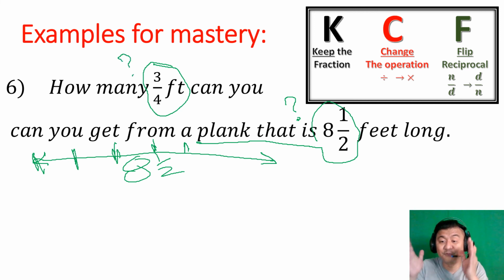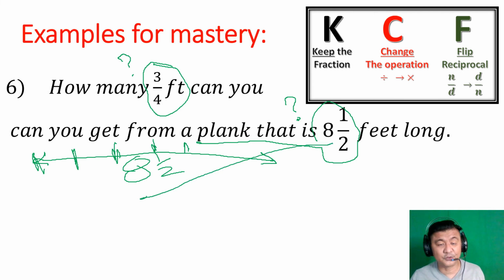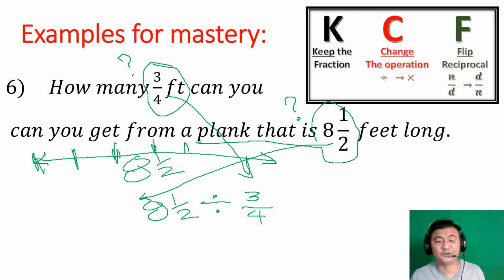What are you dividing? Obviously you're dividing this 8.5. So 8.5 goes first. 8.5 divided by how many small parts would you split it into? 3/4. You want to know how many 3/4, and that's going to be the number of 3/4 that you're going to get.